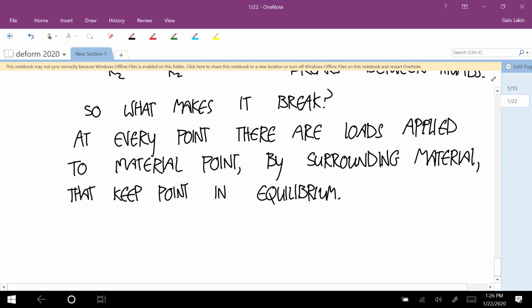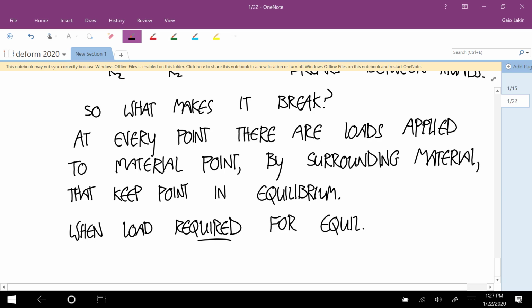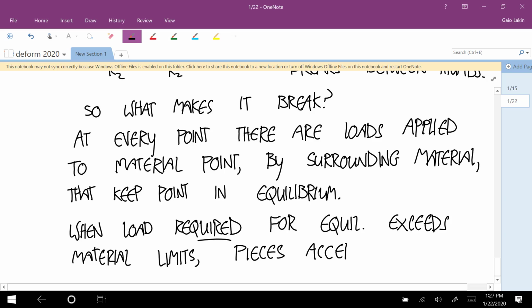And when the load required for equilibrium exceeds what the material can produce, then the pieces accelerate. And that's what a fracture is. So to see when something's going to break, yeah, question.